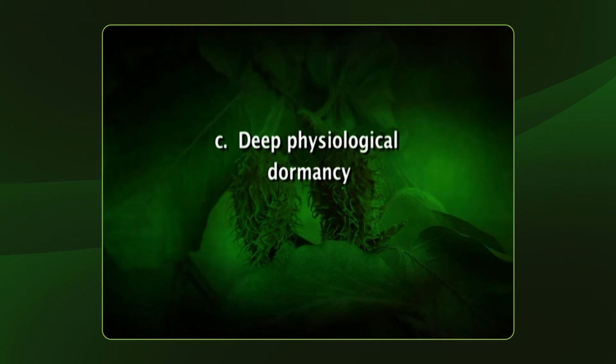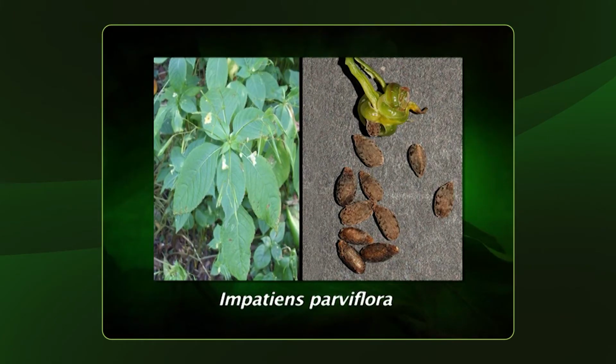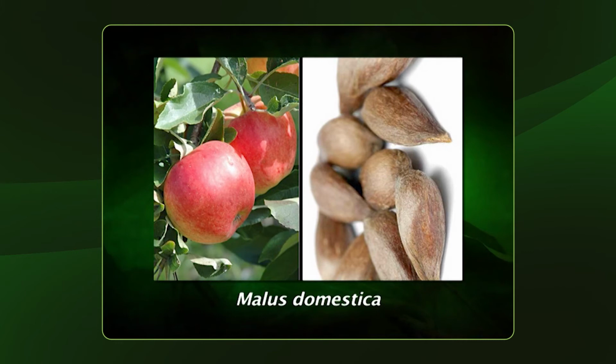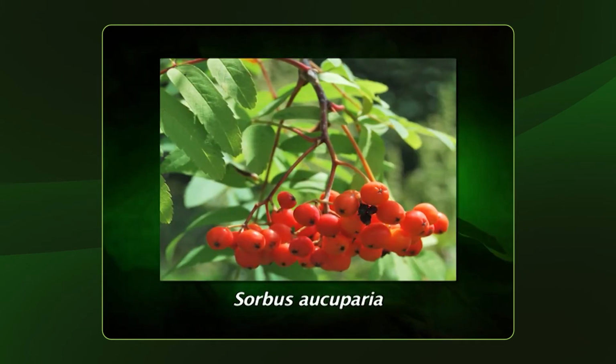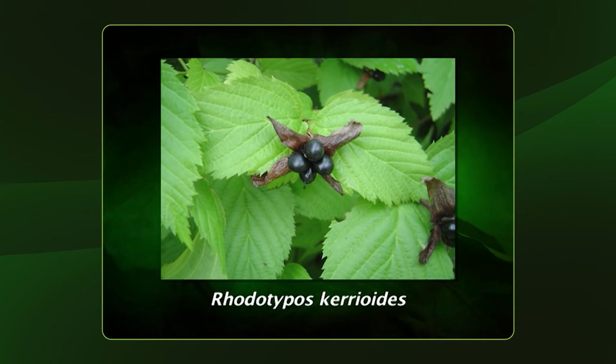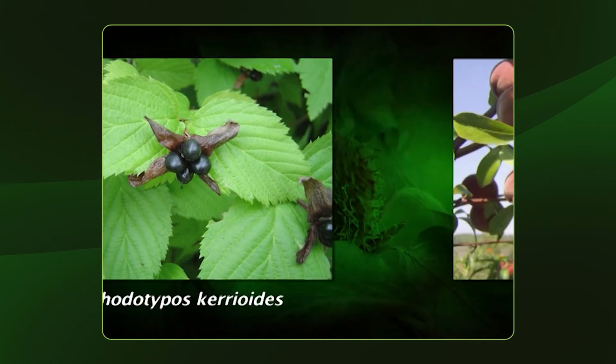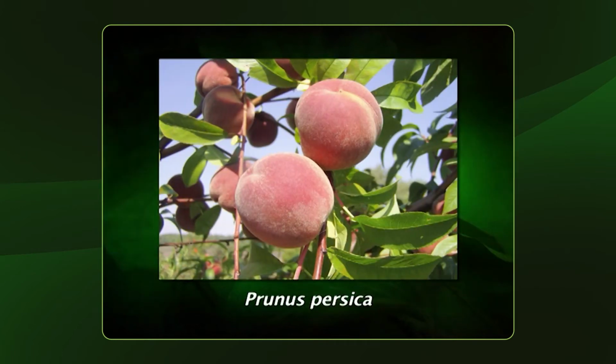Number third subtype is the deep physiological dormancy. Species exhibiting deep physiological dormancy include Impatiens parviflora, Malus domestica, Sorbus aucuparia, Rhodotypos scandens, and Prunus persica, etc. Embryos, if excised from deep physiological dormant seeds, either do not grow or produce abnormal seedlings on germination.